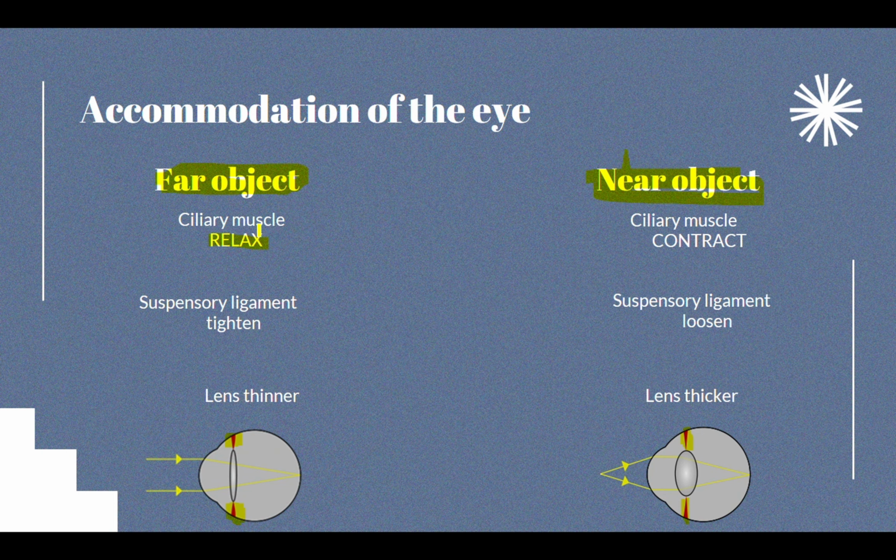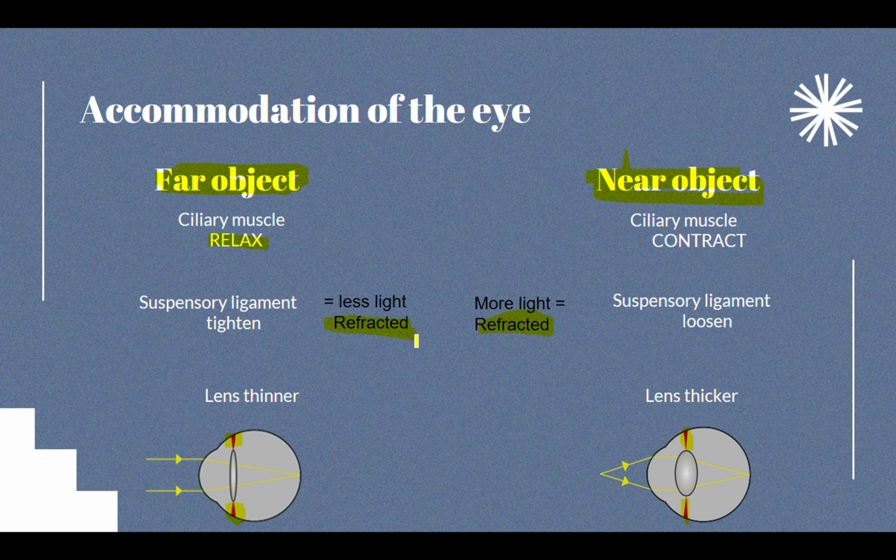While if you're looking, let's say, at a book, you're reading, and the words are very small, you will get the book near your eyes, so the ciliary muscle will contract, suspensory ligament will loosen, and what will happen to the lens? It will become fatter or thicker. So a far object, we need less light to be refracted, but a near object, we need more refracted light.